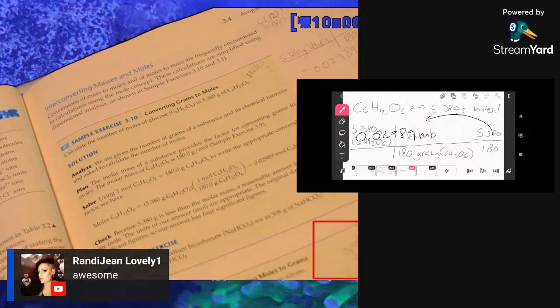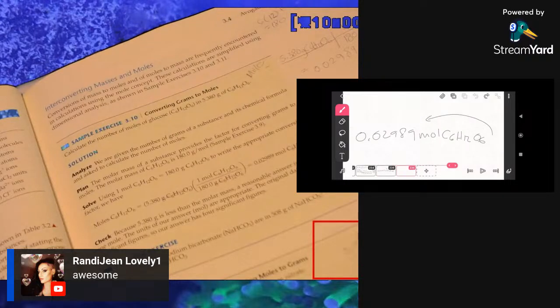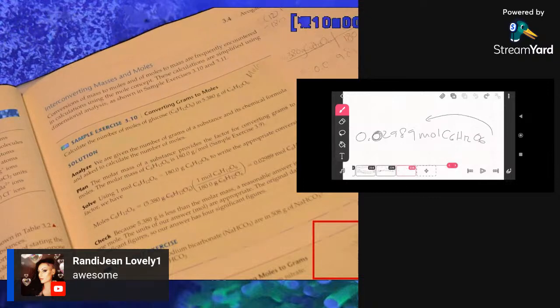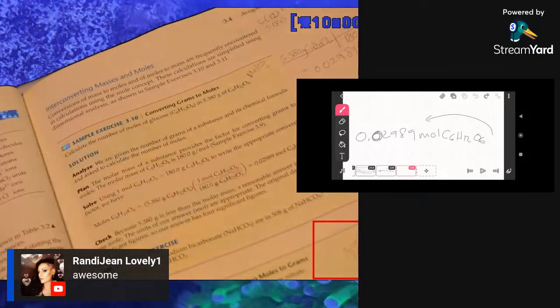Moles of C6H12O6. All right, that was my answer that I got. There you go. That's what I got. And when you go on the book, that's what they got also.